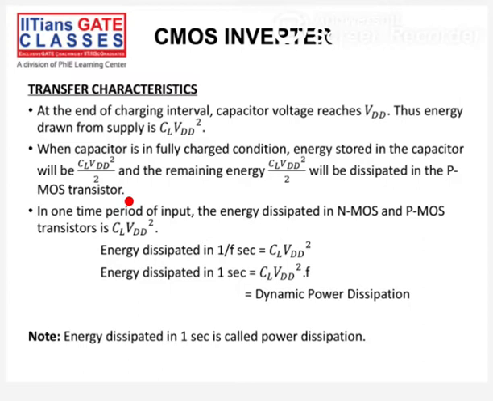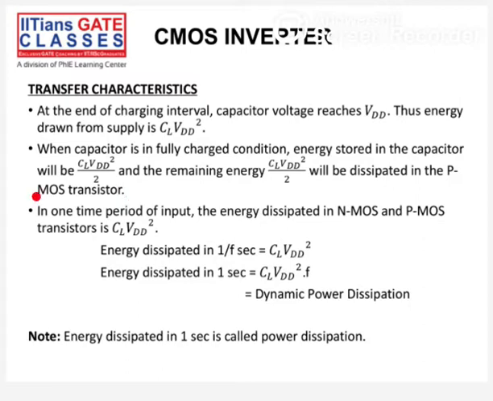But the total energy supplied by the supply will be CL VDD square. So in one time period of input, the energy dissipated in NMOS and PMOS transistors will be CL VDD square, because half the energy will be dissipated by PMOS and half by NMOS.